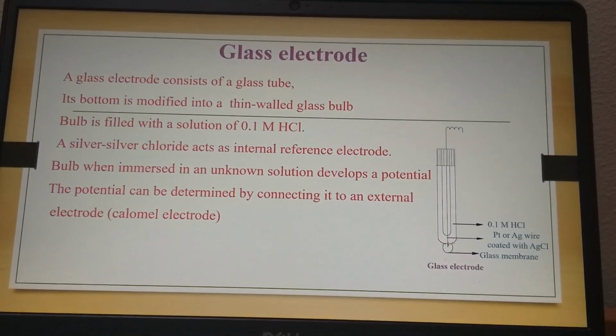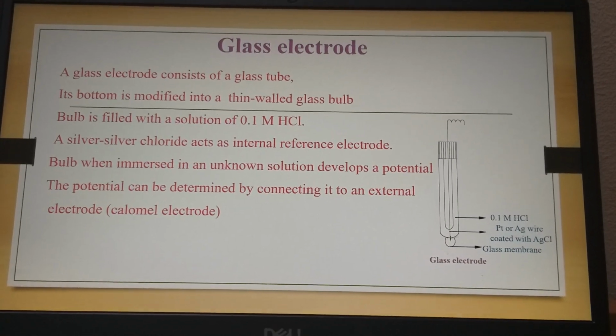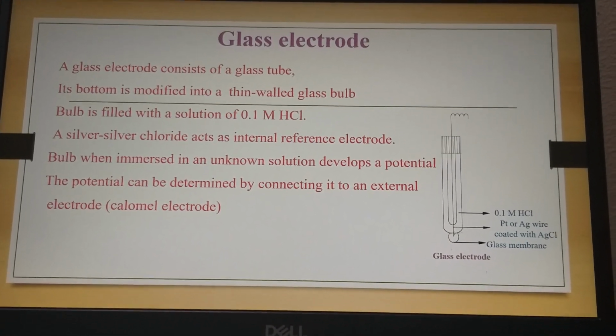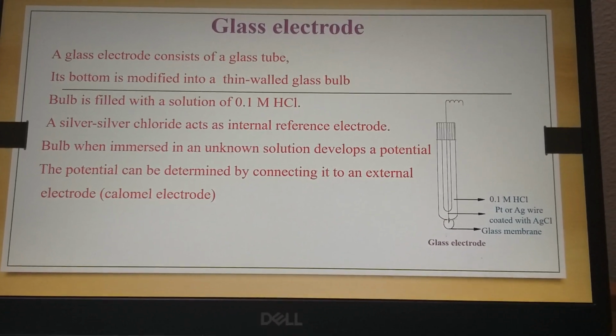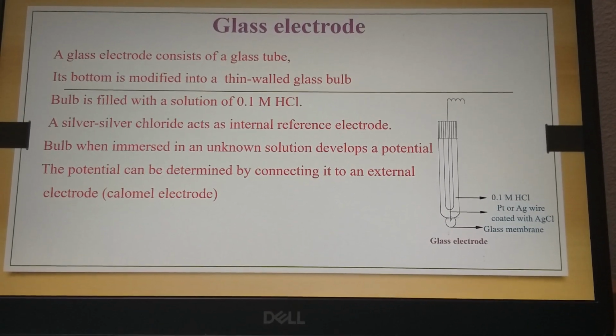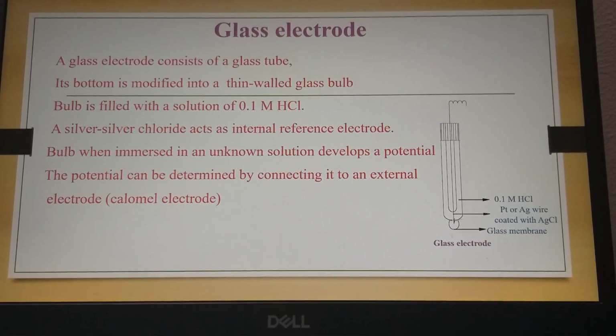As we discussed in the previous video about ion selective electrodes, they are made up of three components, and the glass electrode is no exception.